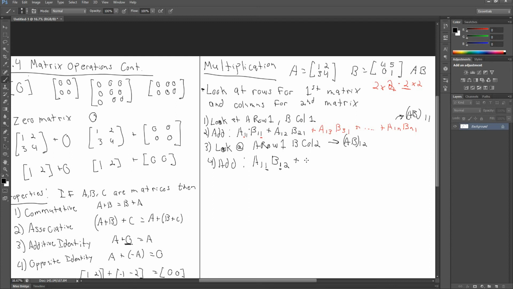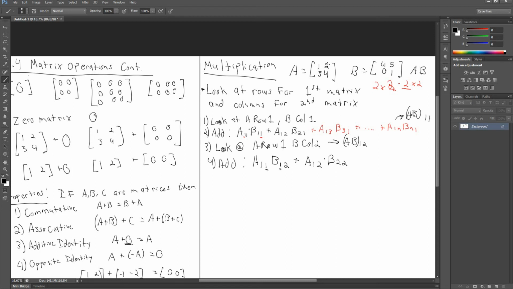So now I'm shifting over in my row for A and shifting down. So I'm going to have A1, 2 times B2, 2. So A1, 2, here's row 1, here's column 2.